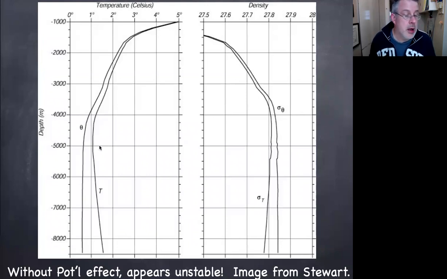The in situ temperature, on the other hand, looks like it's unstable, but it's not really unstable. That's because the compression effect is so large when you're moving up and down here that the potential temperature correction is needed. So this looks like it's warmer than up here, but if you actually displace this fluid up there, it wouldn't be warmer, because that's what the potential temperature tells you about.